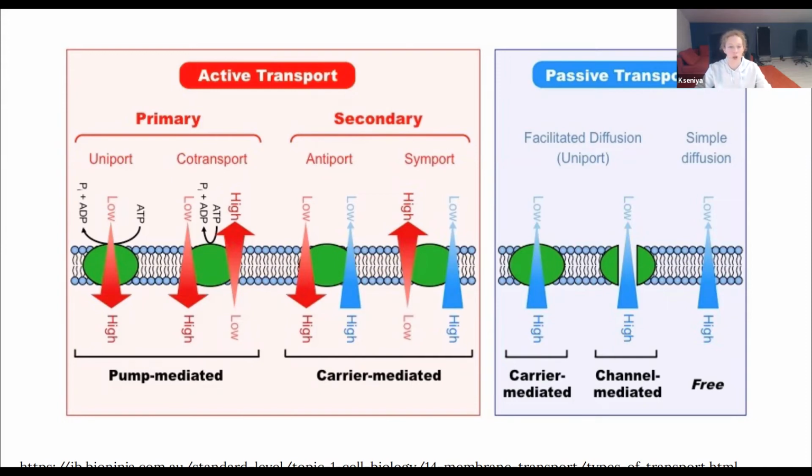Active transport involves the movement of materials against a concentration gradient, from low concentration to higher concentration. Because materials are moving against the gradient, it requires the expenditure of energy.